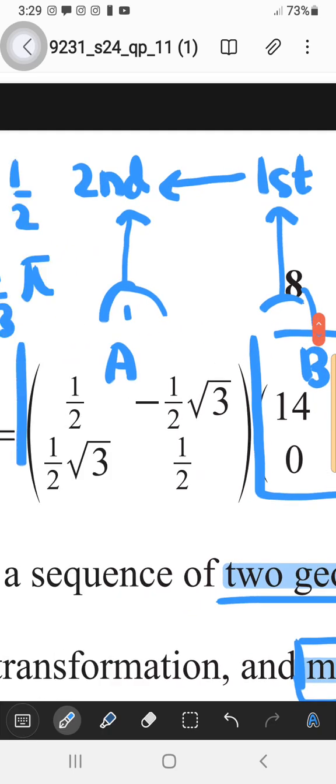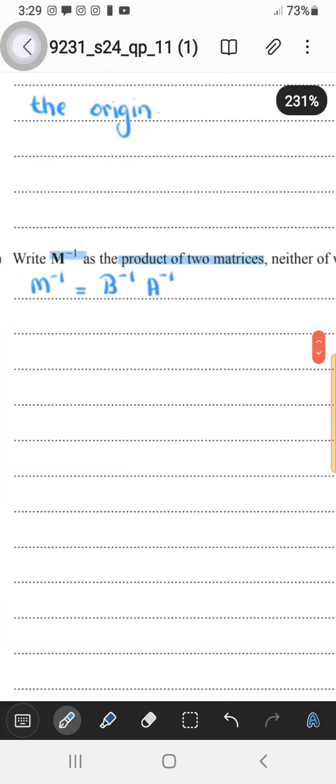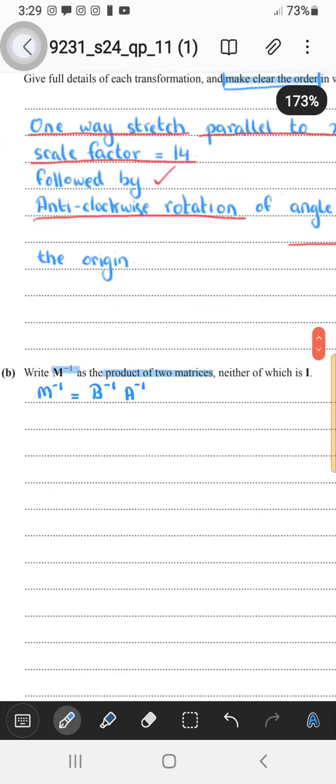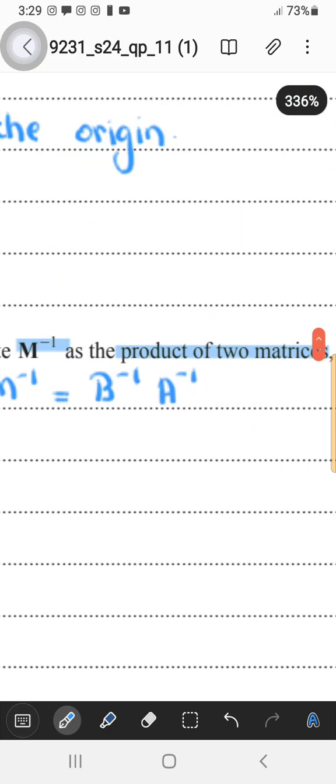Then we will write the inverse of this. Before that, if you know how to take out inverse, I will tell you in detail. To find out inverse, we want determinant.